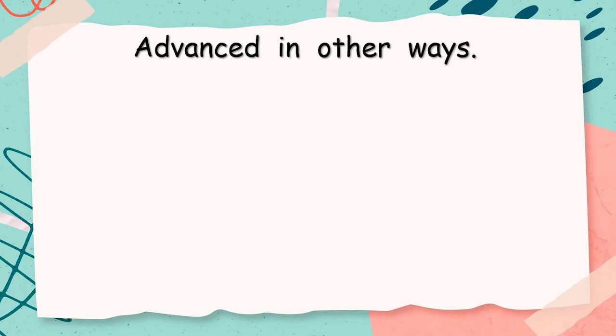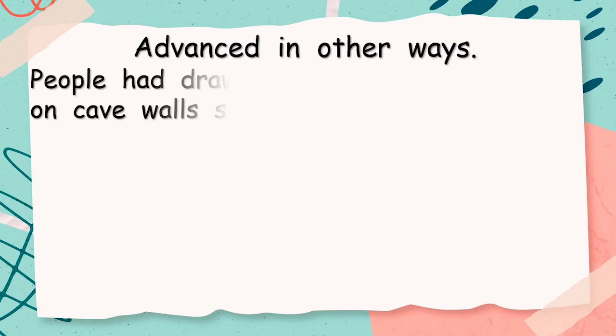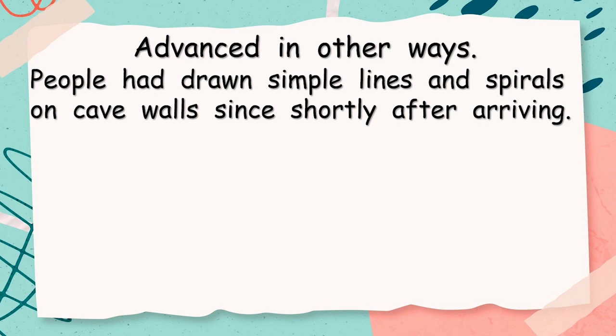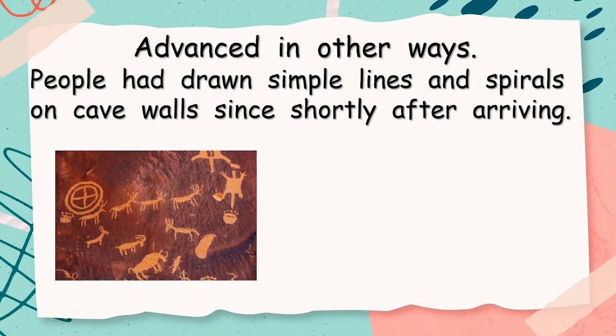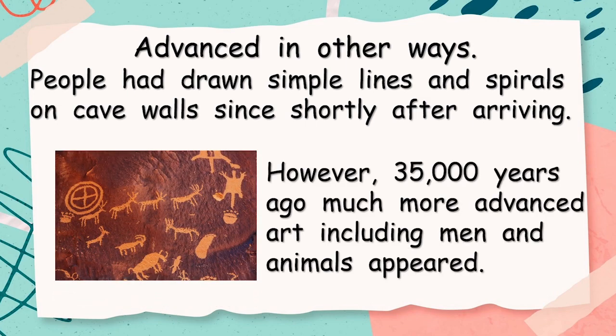So advanced in other ways. Art. People had drawn simple lines and spirals on cave walls since shortly after arriving. However, 35,000 years ago, much more advanced art, including men and animals, appeared.